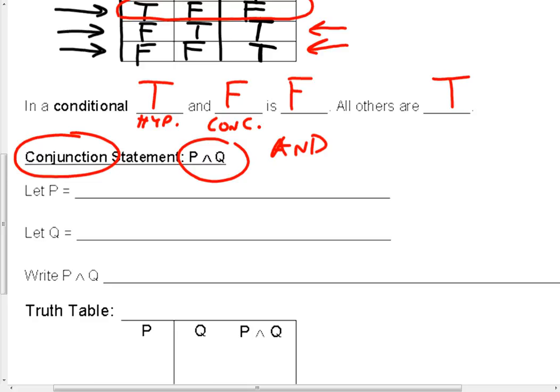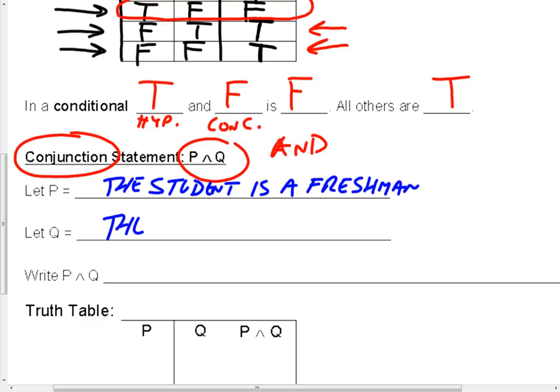Let's make P the student is a freshman. Q is the student is a girl.